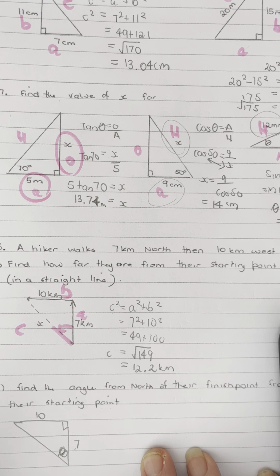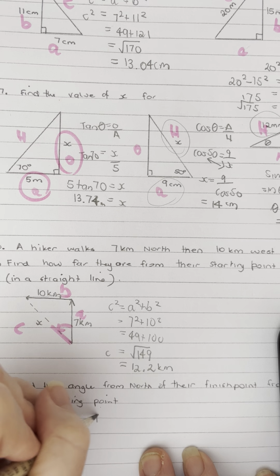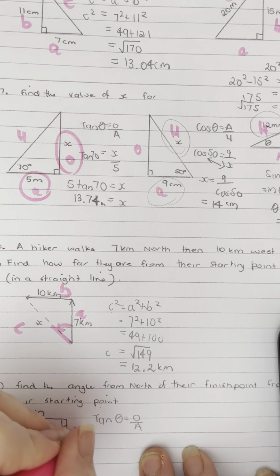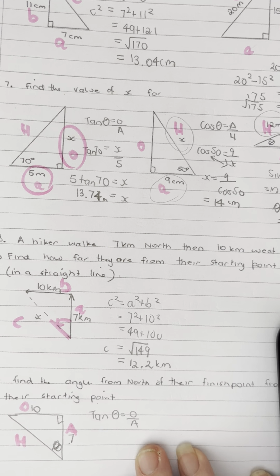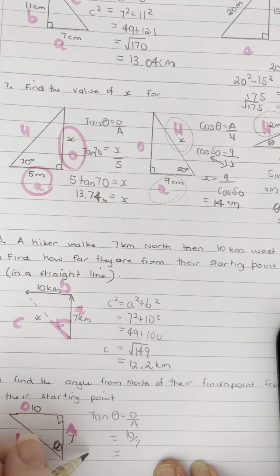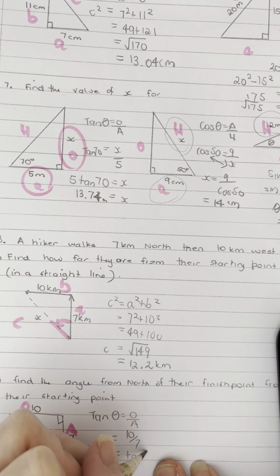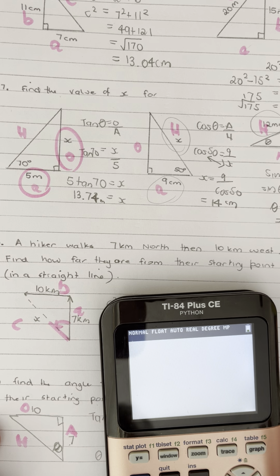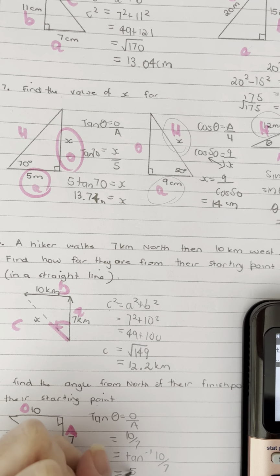So we've got the 10 and the 7, we can use them, use our tan theta equals opposite over adjacent, where we've got adjacent and opposite. So we've got 10 over 7. So if I do second tan of 10 over 7, I get 55 degrees.